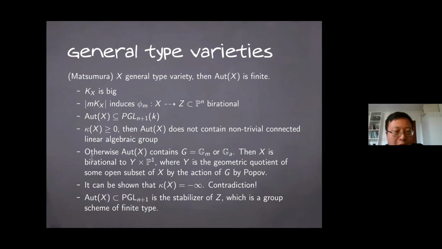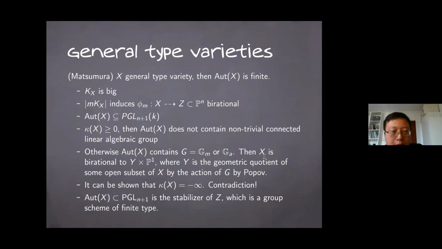Otherwise, if this automorphism group contained some non-trivial connected linear algebraic group, it must have positive dimension. So we know that for a linear algebraic group, dimension 1 is either G_m or G_a. If it contains this G_m or G_a, you can use a geometric quotient method, proved by Popov.